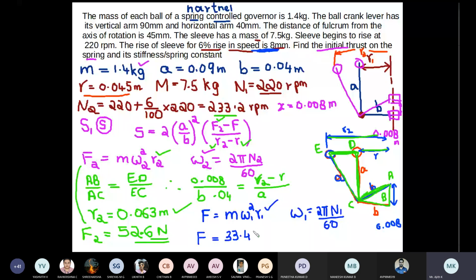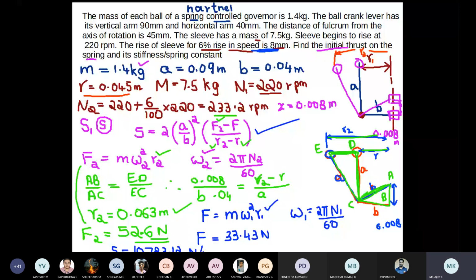Substitute this F, F2, A, B, R1, R2 in spring constant equation. After calculating, you'll get the required answer. Spring stiffness as 10,783.12 Newton per meter.